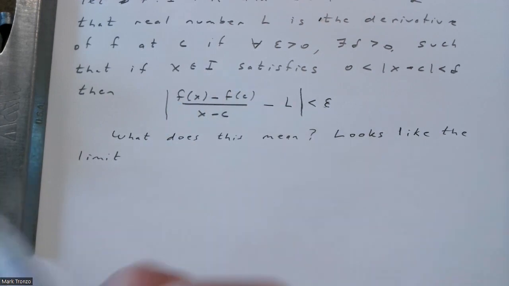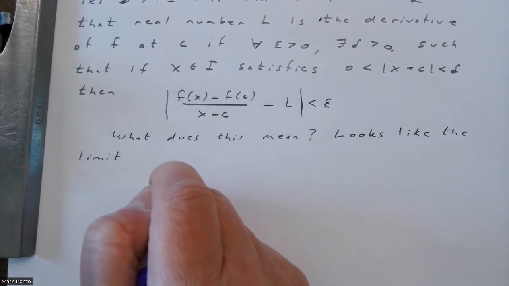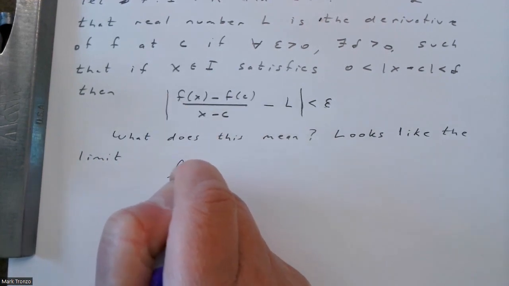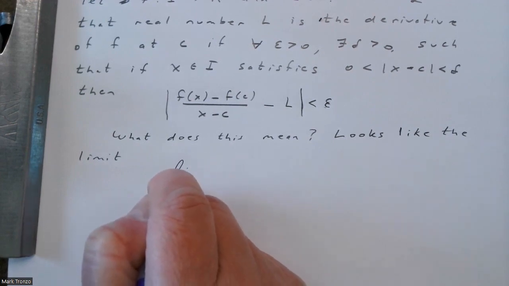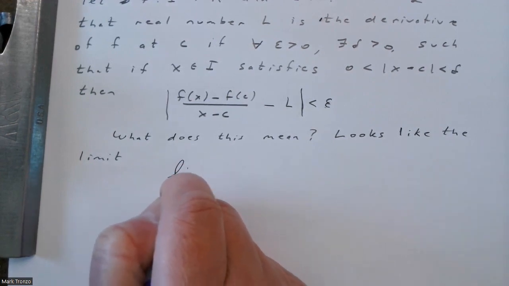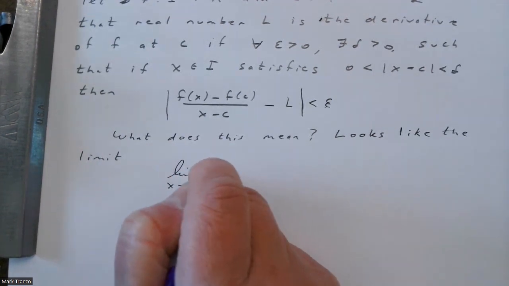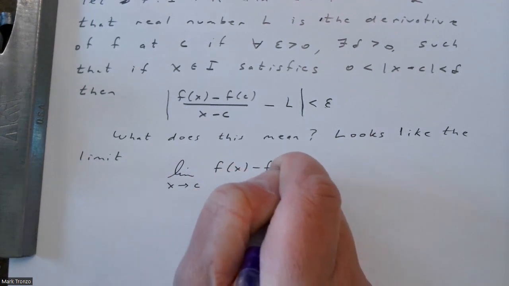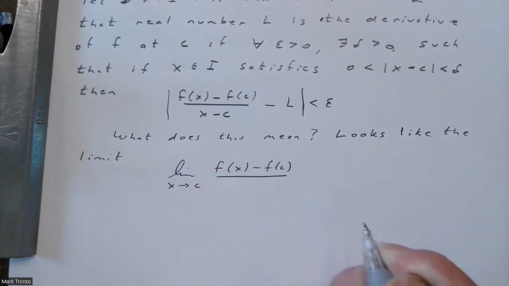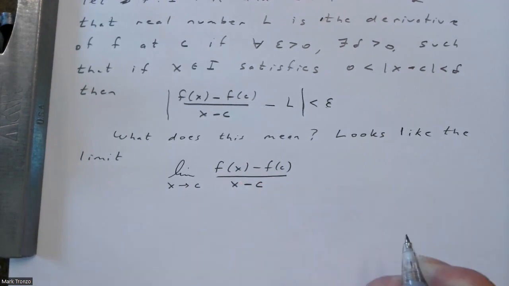So for example, if we work backwards, this will be, say, the limit as x approaches c of (f(x) minus f(c)) divided by (x minus c).